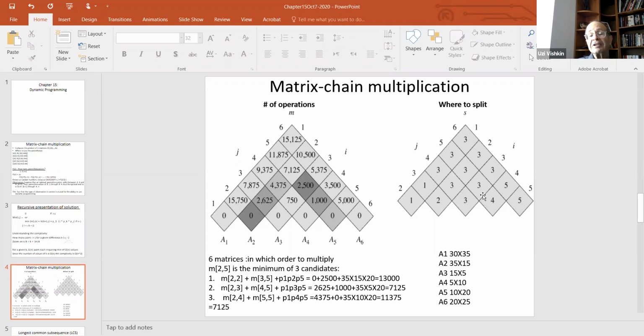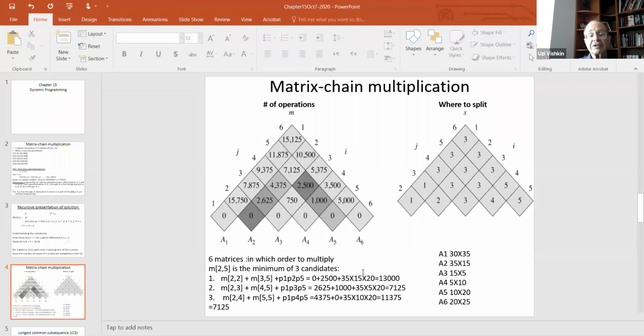The only time where we didn't have such an option was here or here, and we didn't do it, but everywhere else we use this as a split. So now what I'm going to demonstrate to you, let's assume that this is filled up correctly, okay? The cases that we are going to discuss here are the cases where we need to figure out M2 to 5, meaning what are my options of multiplying matrix A2 times A3 times A4 times A5.